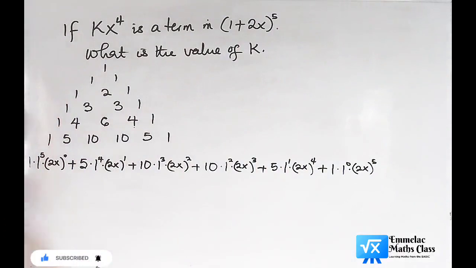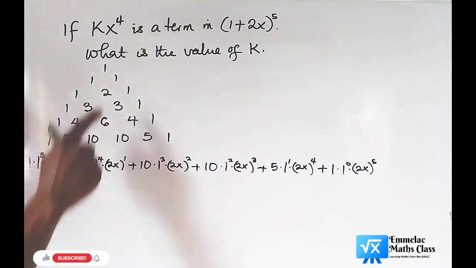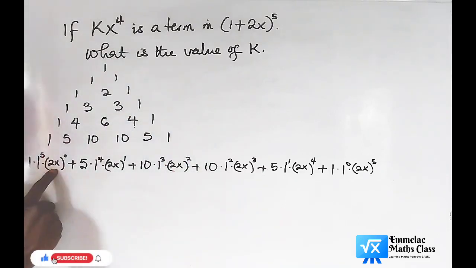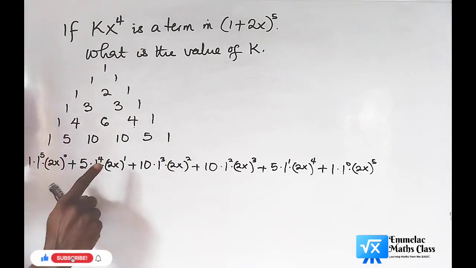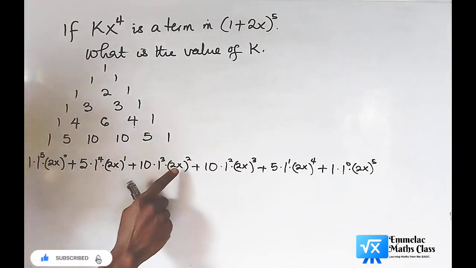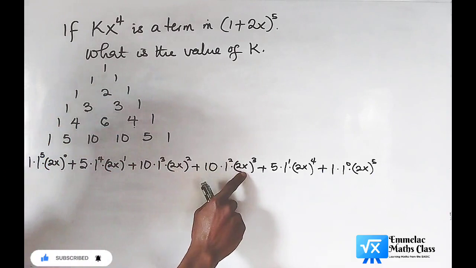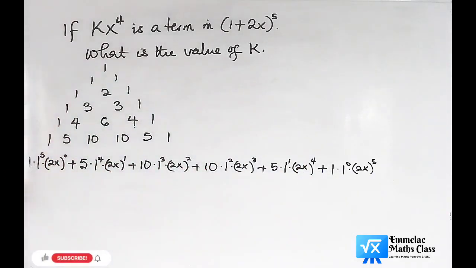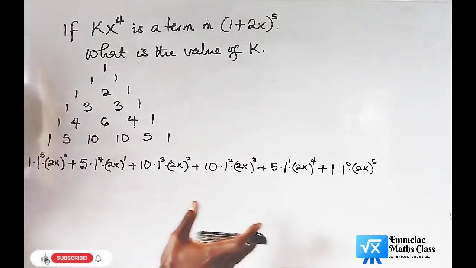Okay. But what we are after now is getting a term with x raised to the power of 4. And if you look, this is x raised to the power of 0, x raised to the power of 1, x raised to the power of 2, x raised to the power of 3, and x raised to the power of 4. Okay, let me just explain further.